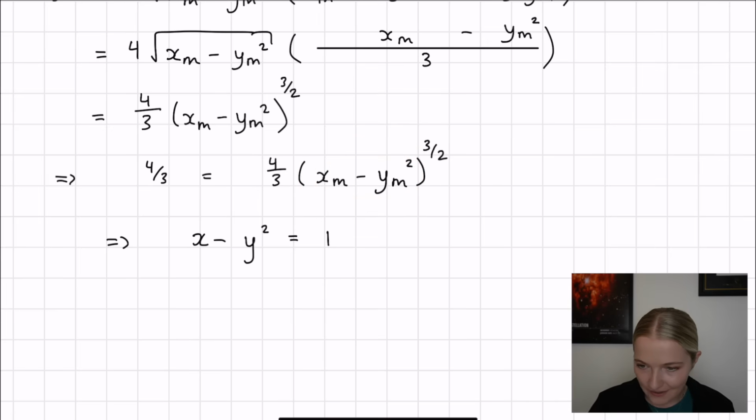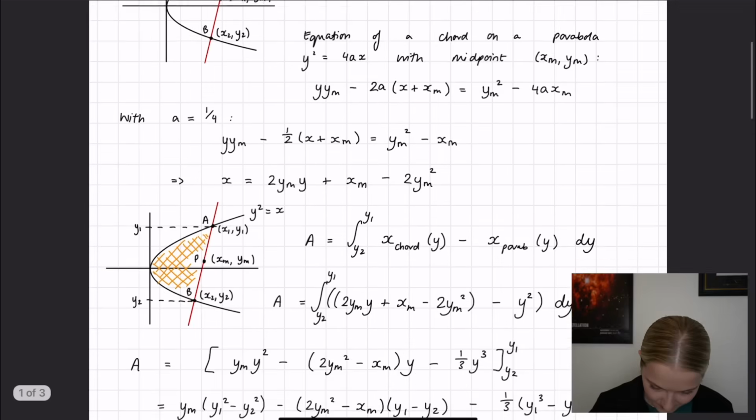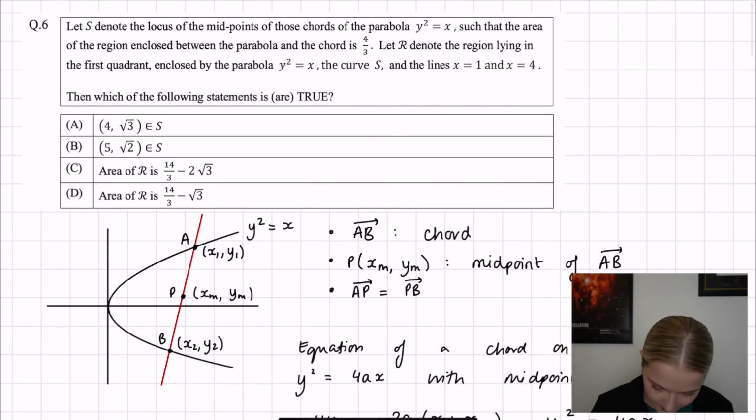Fantastic. So we've now used this to deduce the curve S, which is what we have here.